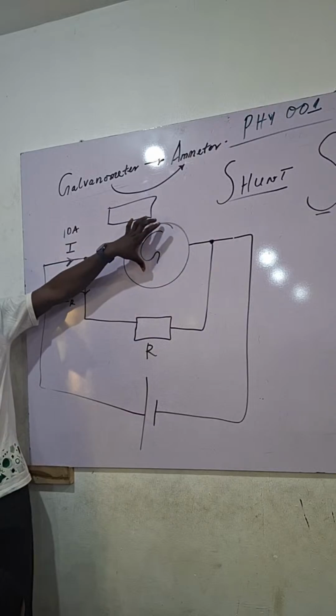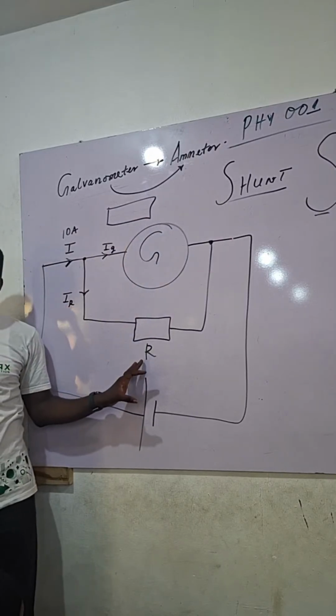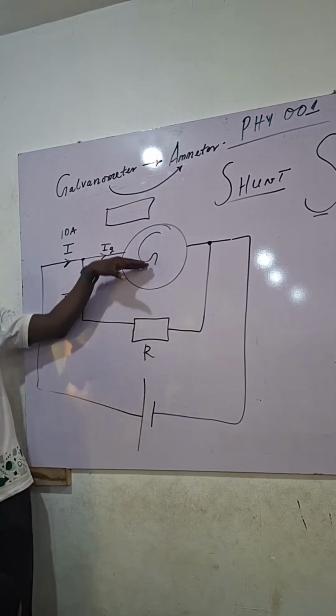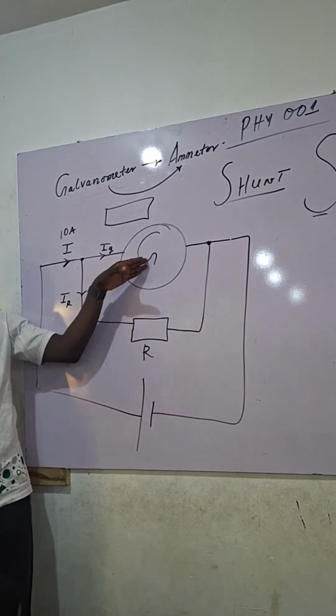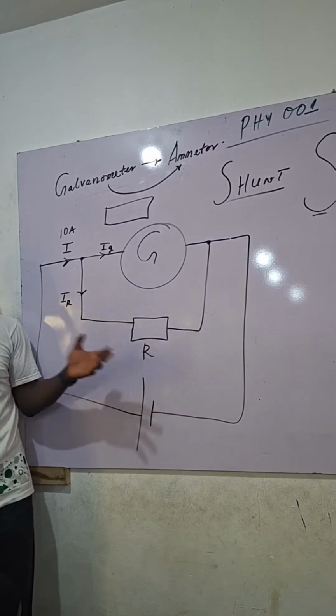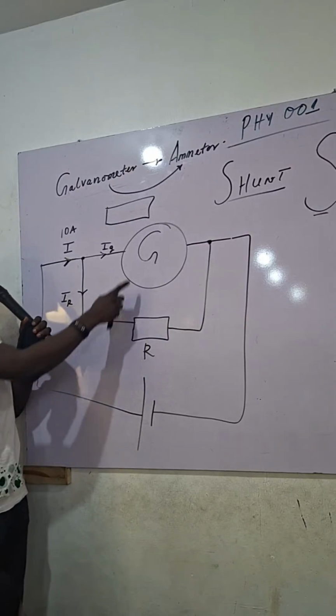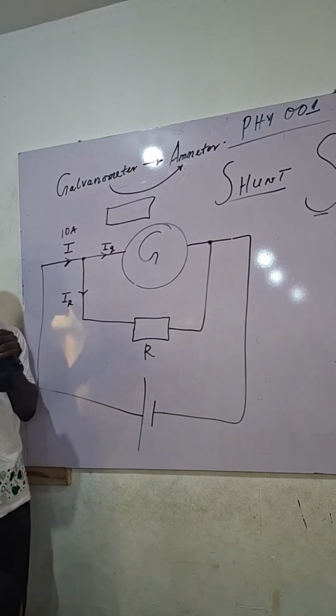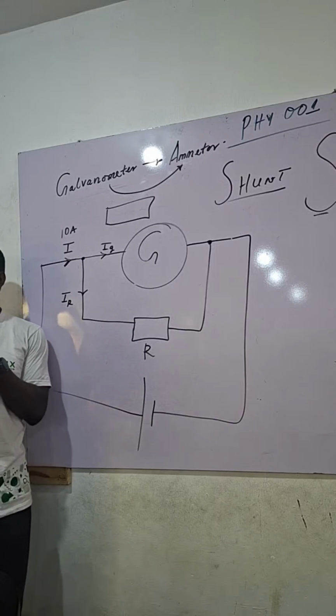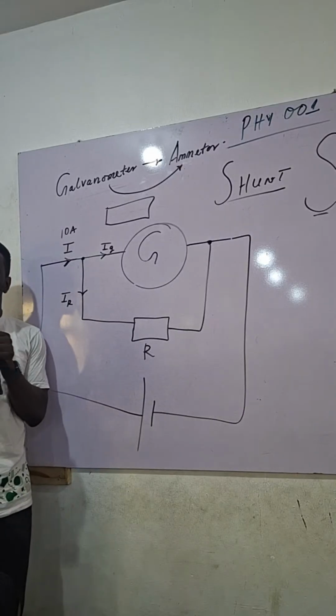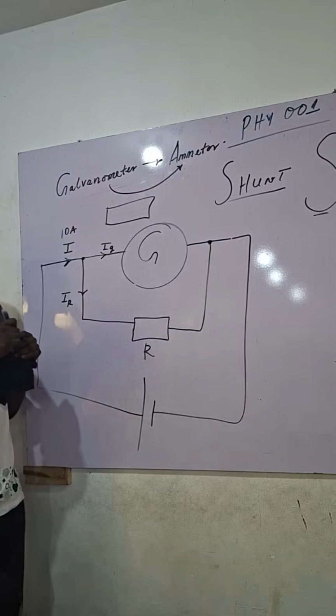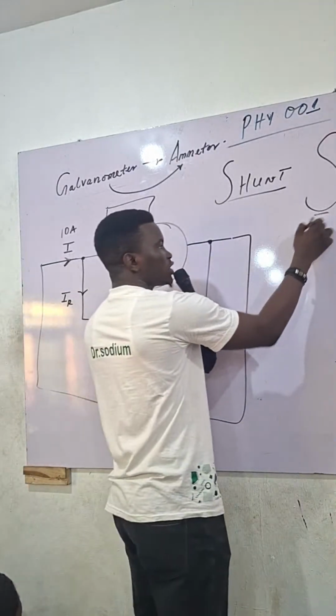This guy has his own resistance. This guy has his own resistance. Because both of them are connected in parallel, you have to understand something. If both of them are connected in parallel, I want to believe we all know by now that they are all going to have the same voltages. Abi? So that means the calculation aspects.